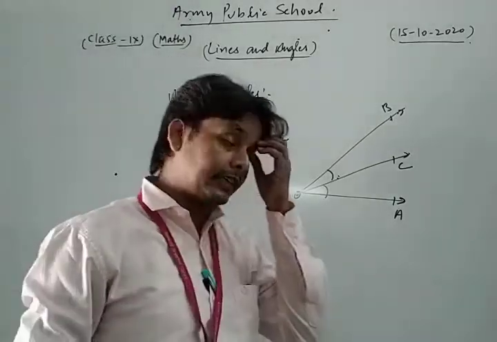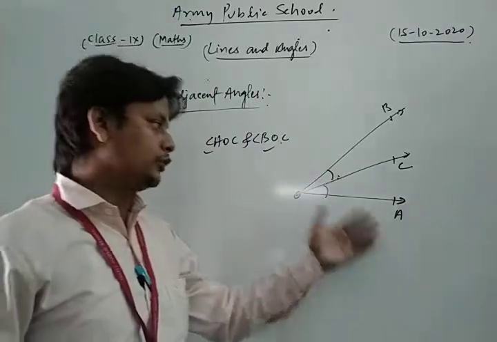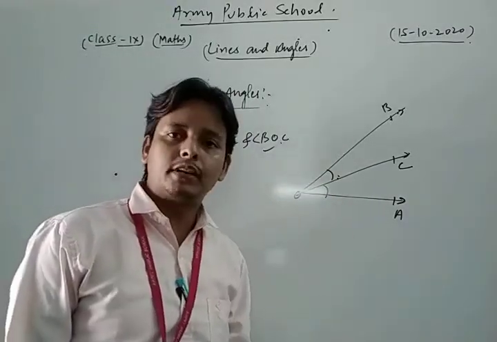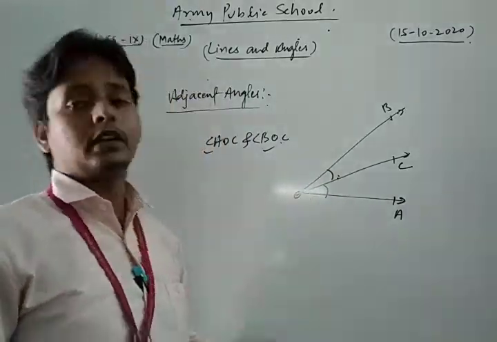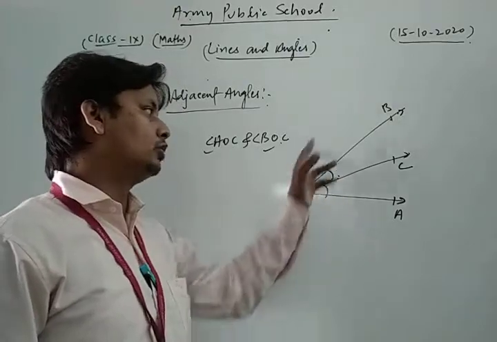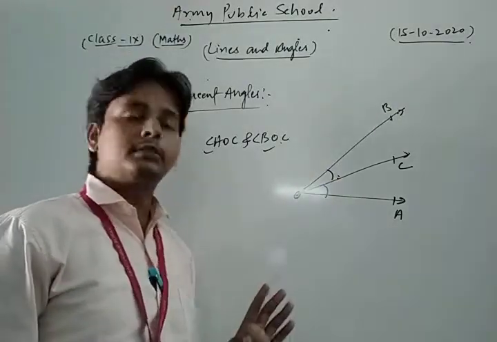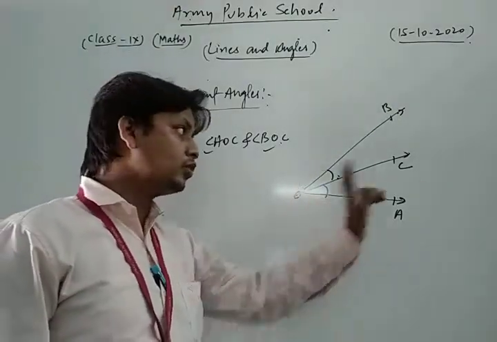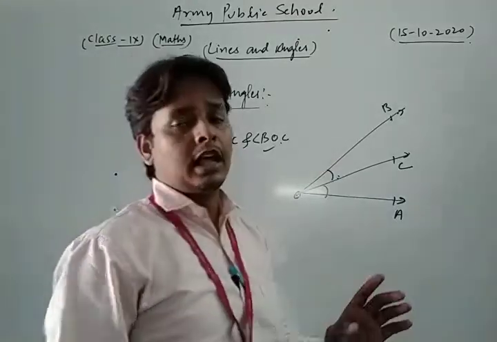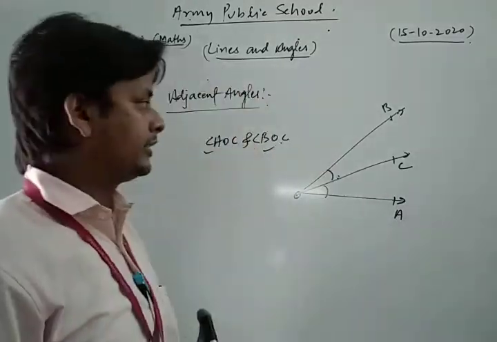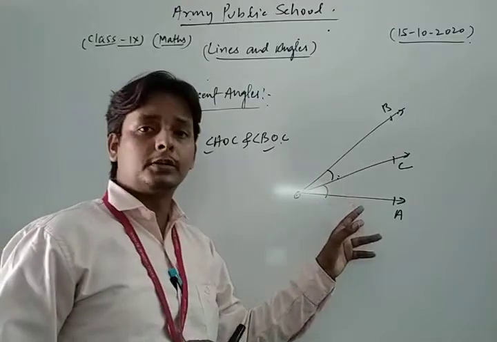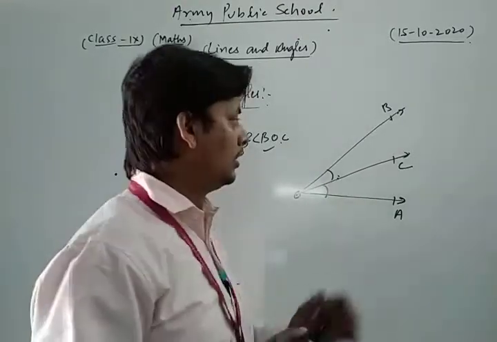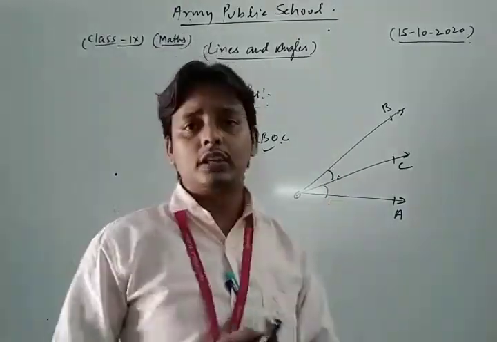The second condition is that the two angles have a common arm. In both the angles the common arm is OC. The third necessary condition is that their non-common arms are on either side of the common arm.